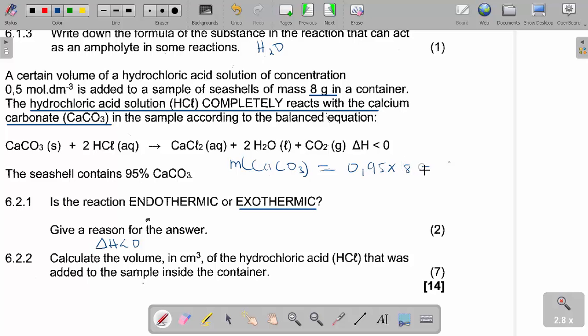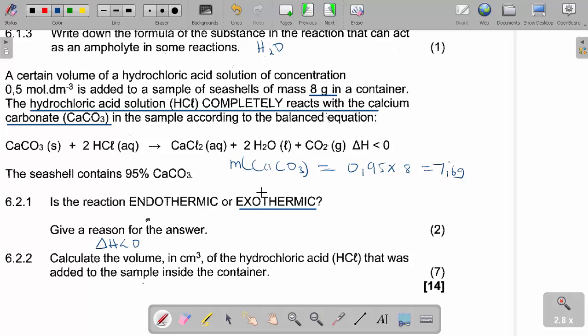What do we get? 0.95 times 8, I get 7.6 grams.